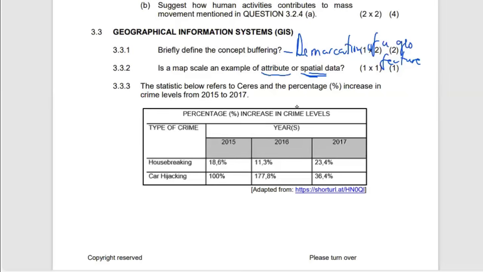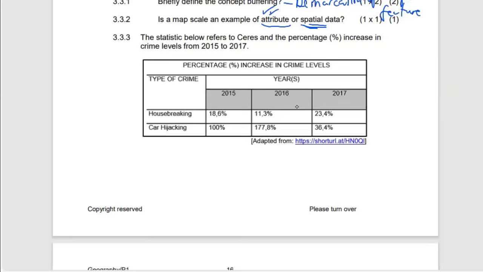Attribute data is descriptive data, data that describes. So the scale of the map is attribute data. It's descriptive data. It gives us further detail about the geographical feature. The map is drawn according to the scale of 1:50,000, which is also 1 centimeter represents 500 meters. We are describing the map.